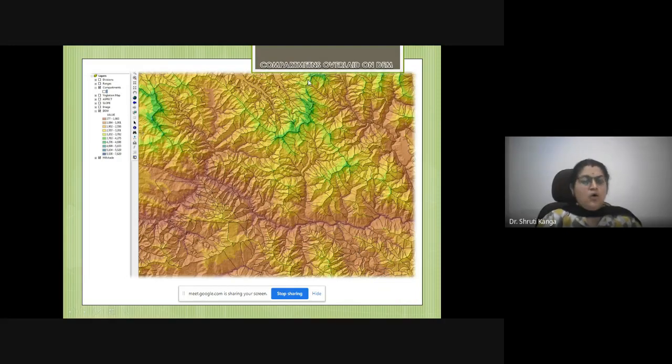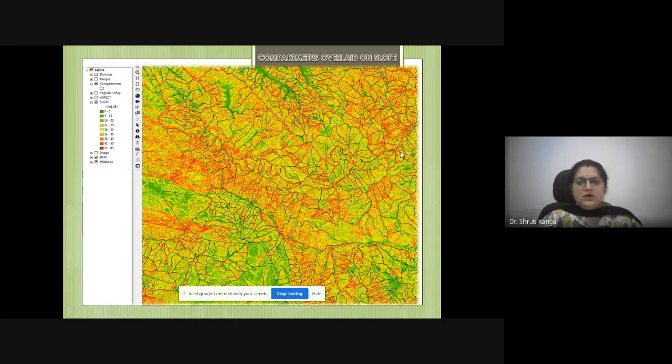Now these are all the compartments, overlaid with the compartments file, and then we can get an idea about each compartment's elevation. Then this is the slope, where we have overlaid all the compartments. Now for each and every compartment, we can have an idea about the slope also.